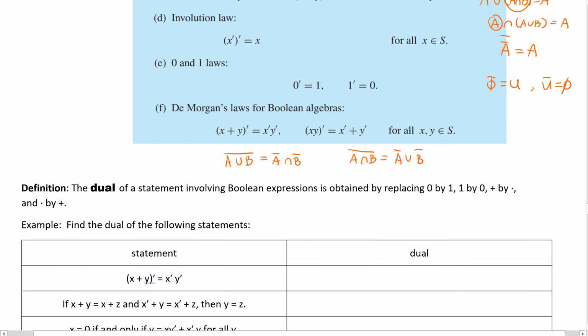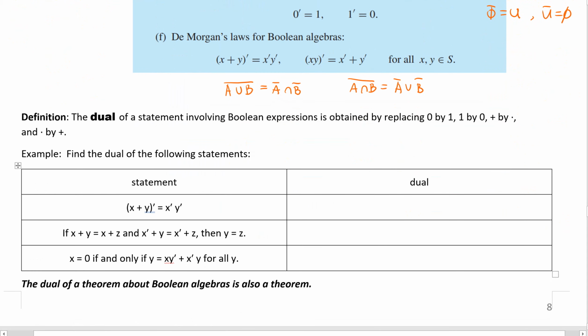Next, definition. The dual of a statement involving Boolean expressions is obtained by replacing 0 by 1, 1 by 0, plus by multiply, and multiply by plus. Example, find the dual of the following statements.